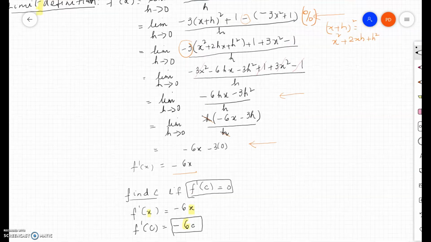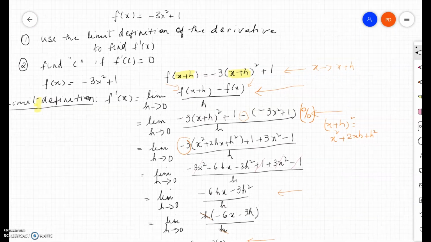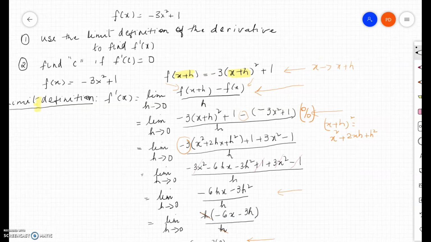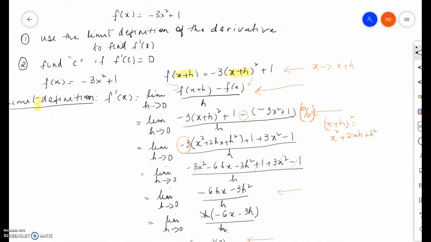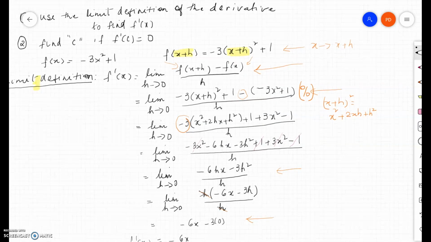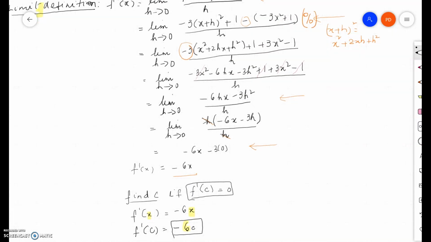So let's quickly look at what we did. We first found the derivative f prime of x using the limit definition. Next, once we found f prime of x, we need to find c if f prime of c equals 0. So f prime of x is negative 6x. f prime of c is negative 6c.